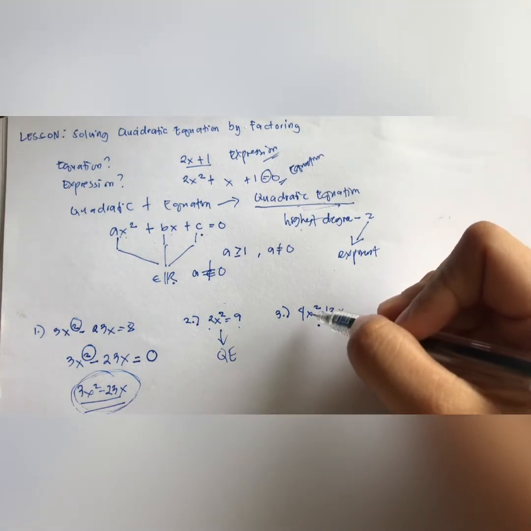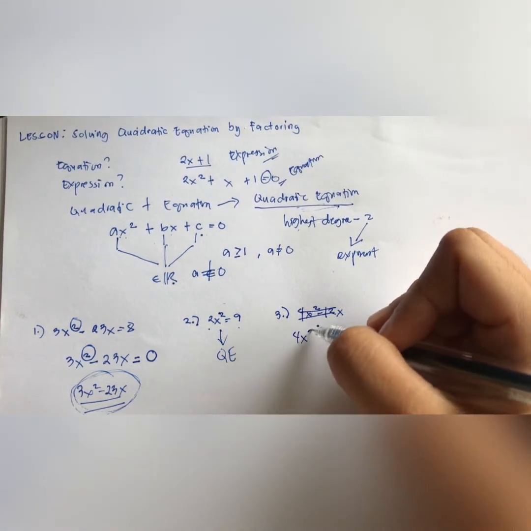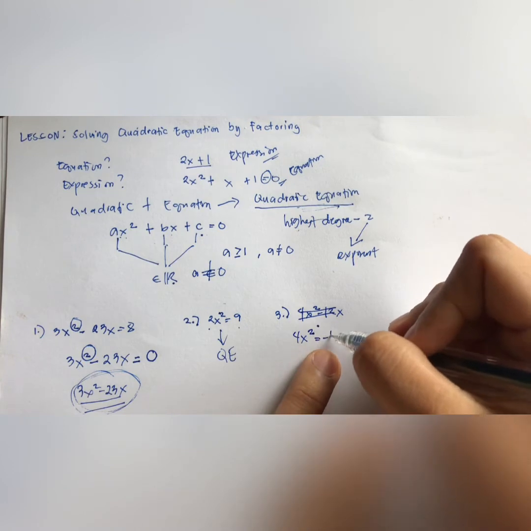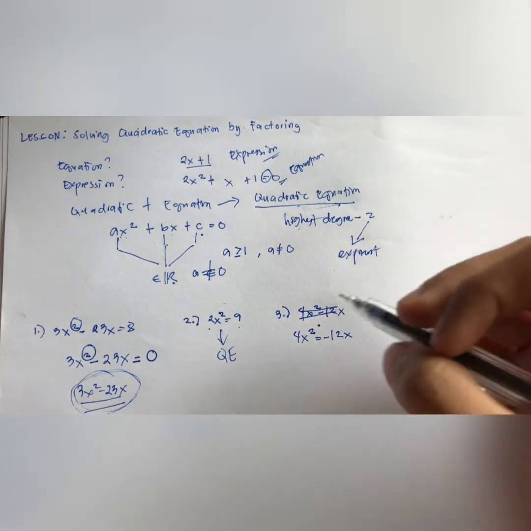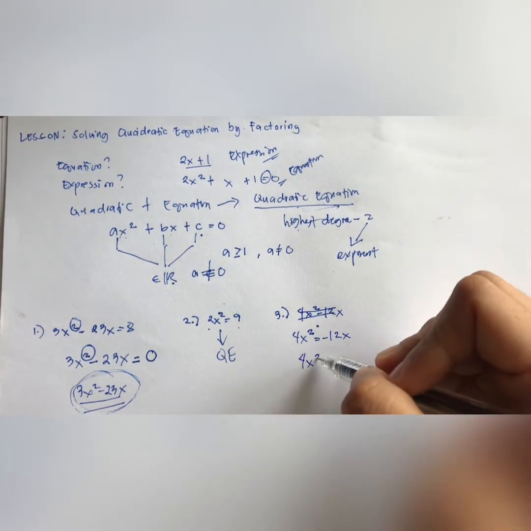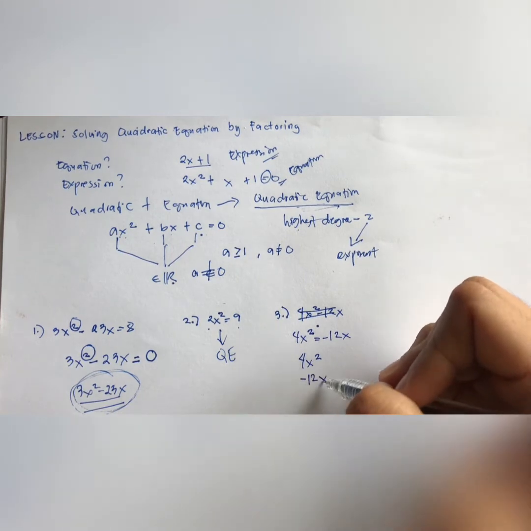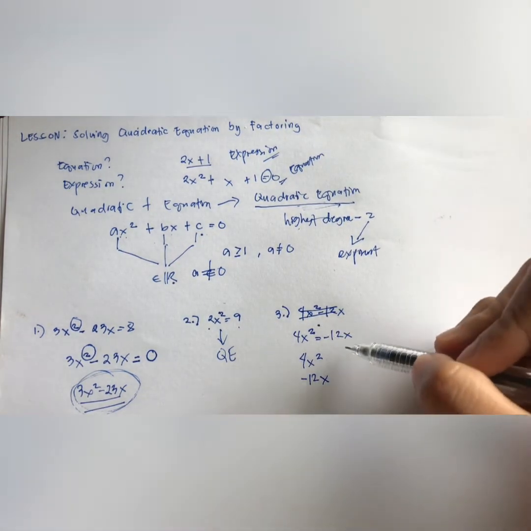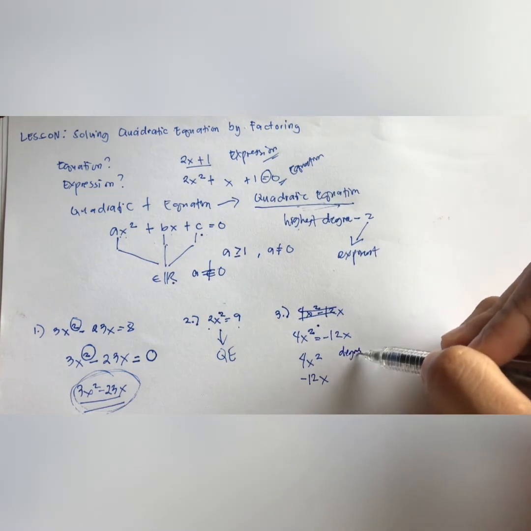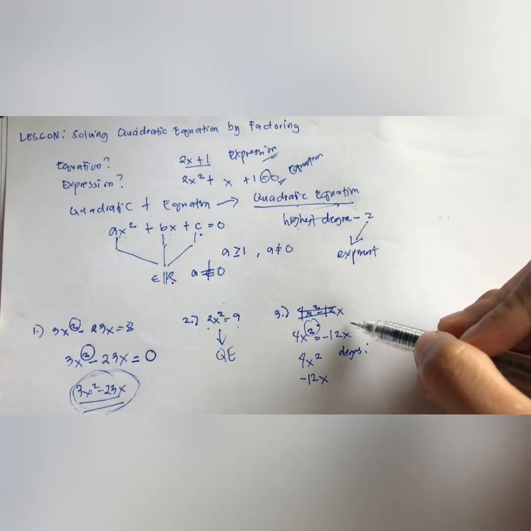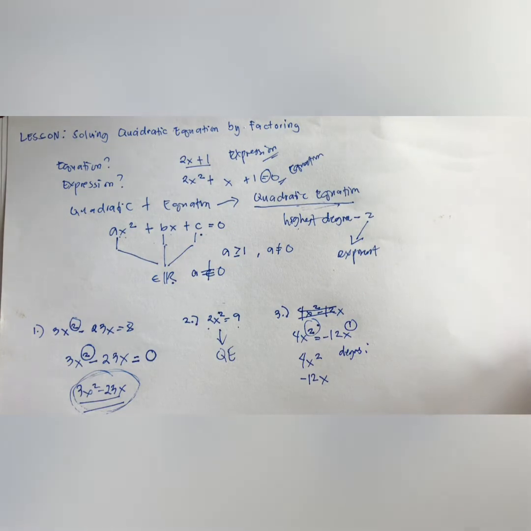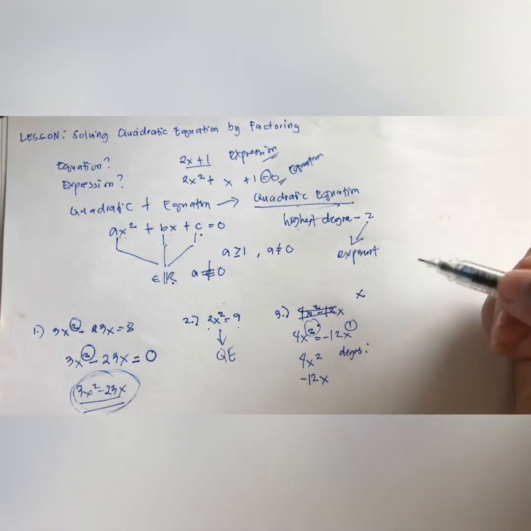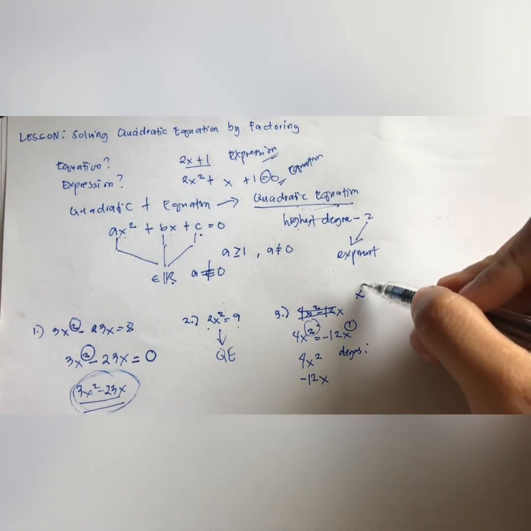Now for the next one, we have 4x squared equals negative 12x. So we have the terms 4x squared and negative 12x. So what are the exponents? So we have our degrees, 2 and 1. Remember, when there is only one variable, automatically its exponent is 1.